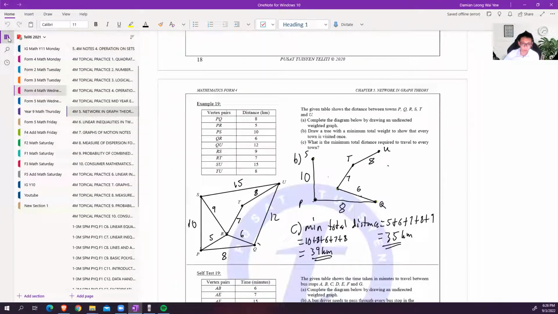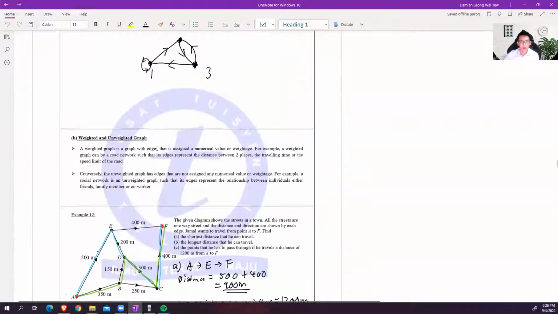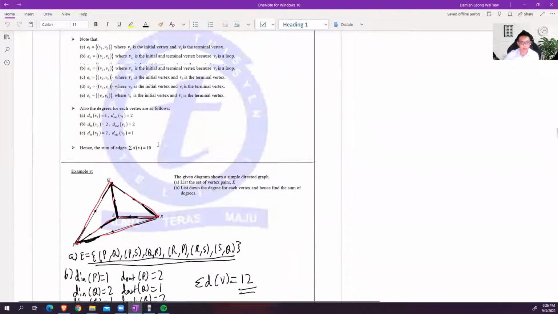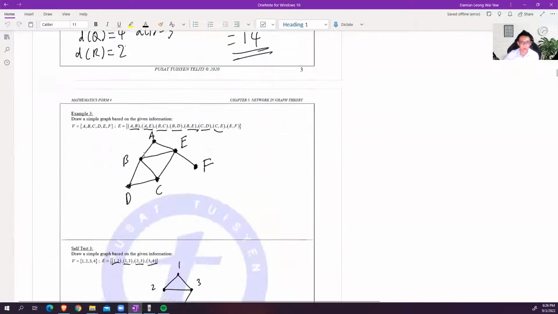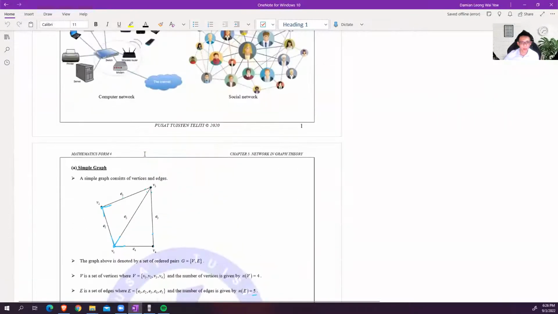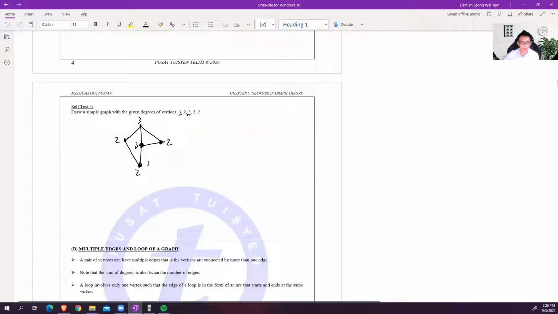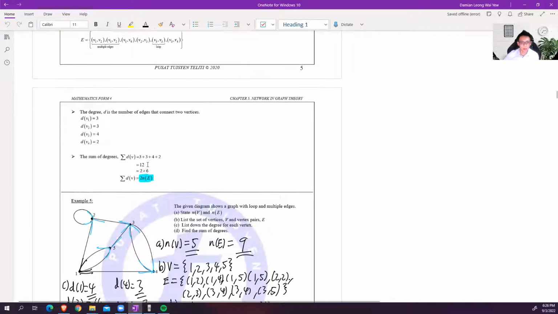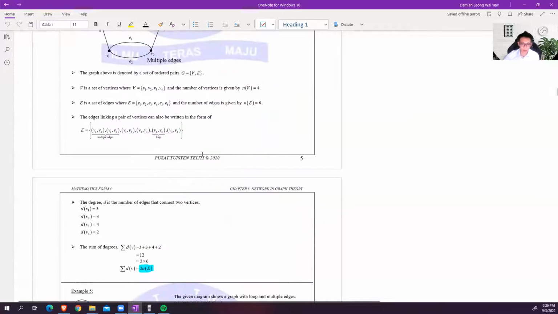Yeah. For chapter 5, network and graph theory, mainly what you need to know is listing out your edges and vertices.